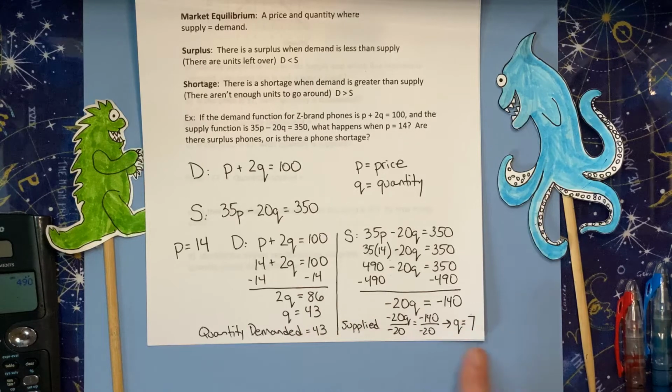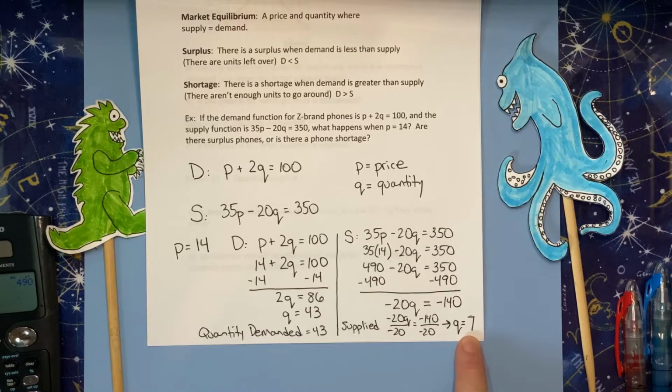But from the supplier's side, they're thinking, wait a minute, I can only sell this phone for $14? I'm not going to make a lot of money, and this is going to be a waste of my time. So they're not willing to commit to as many. And so what happens? Demand is greater than supply.